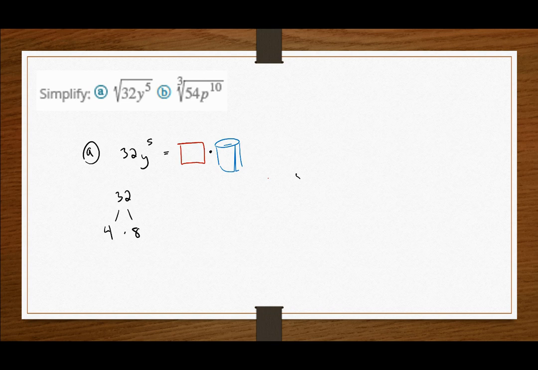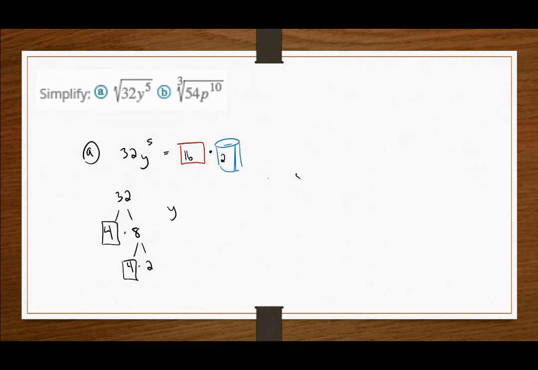However, there's still another perfect square hidden inside this expression. 8 itself has another perfect square hidden inside of it. So my perfect squares here, if we multiply them together, will give me the largest in the expression. So at least partially, 16 is my perfect square and 2 is my trash factor, at least for the coefficient.